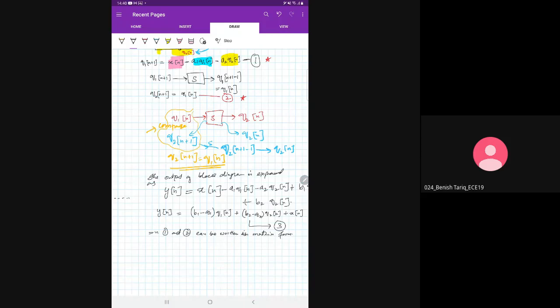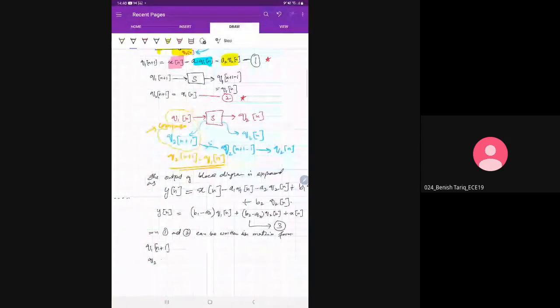For equation 1, you have on the left hand side q1 n plus 1. Okay, q1 n plus 1. And for equation 2, you have on the left hand side q2 n plus 1. q2 n plus 1. So this will be one vector.